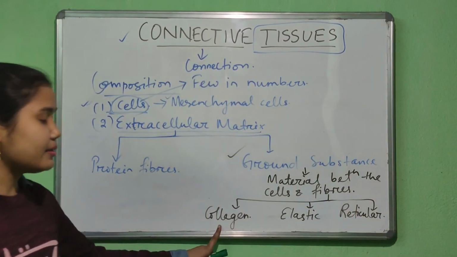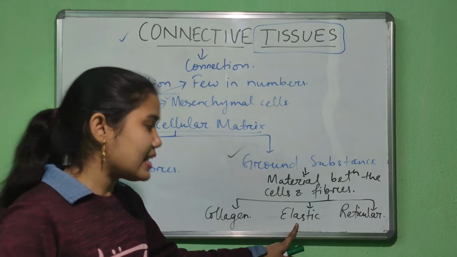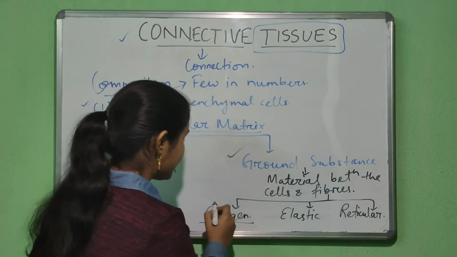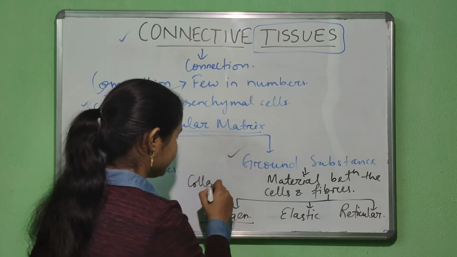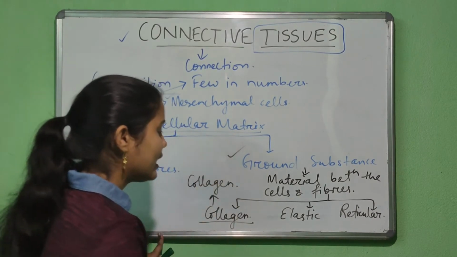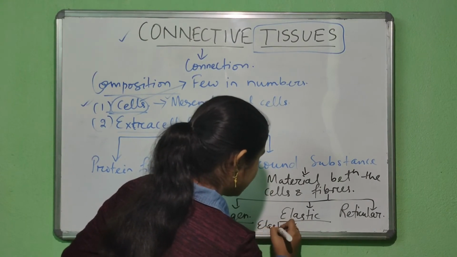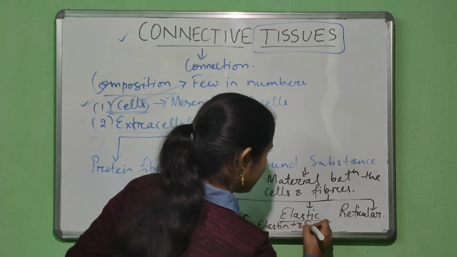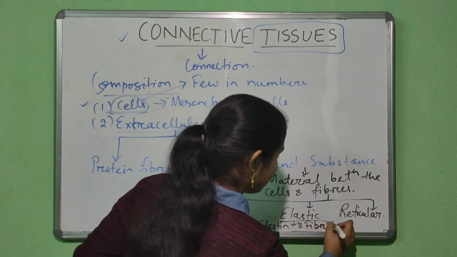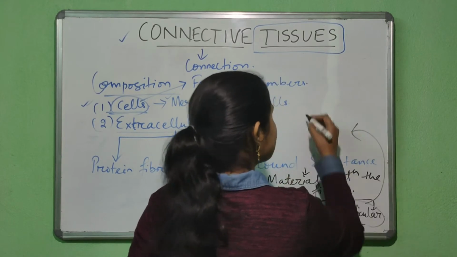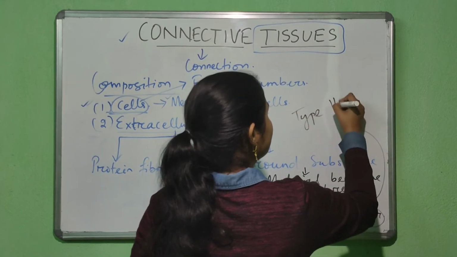Collagen fibers are made up of collagen, and the elastic fibers are made up of elastin and fibrillin.